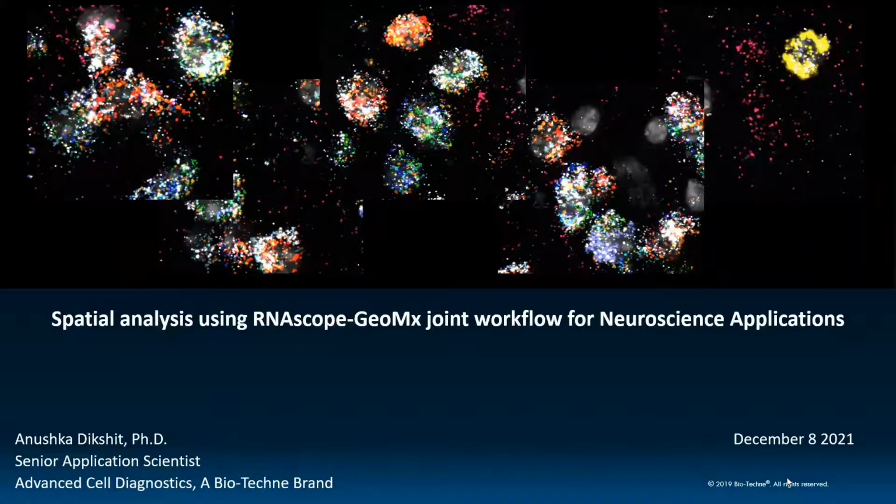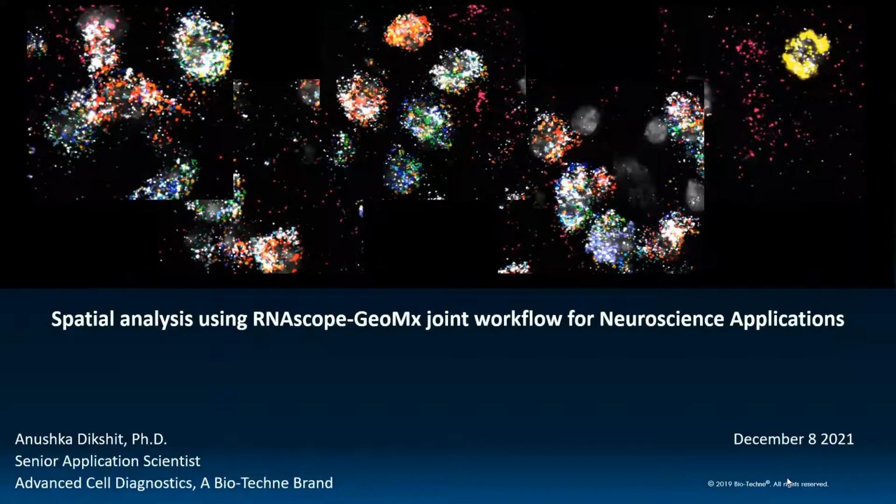Excellent. So, as Kit mentioned, RNAscope in combination with GeoMx can really help expand the applications of spatial analysis with that tissue context. For today's presentation, I'll be giving you a background about the RNAscope technology and then move on to show you a couple of examples of how this technology has been applied in neuroscience research.